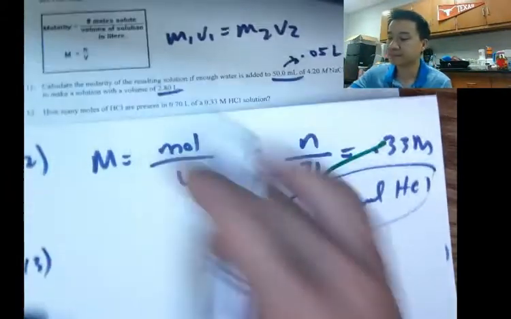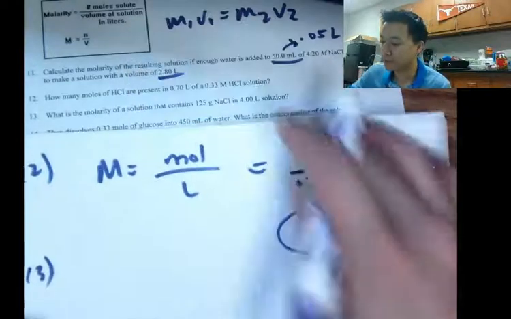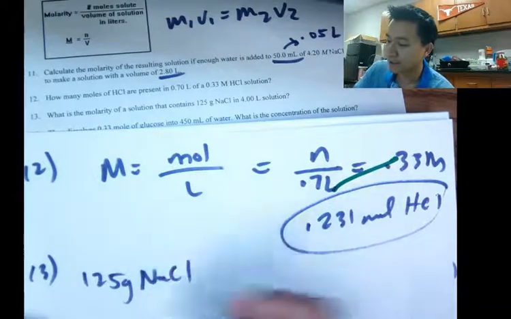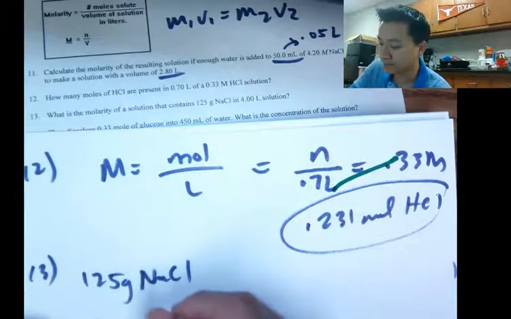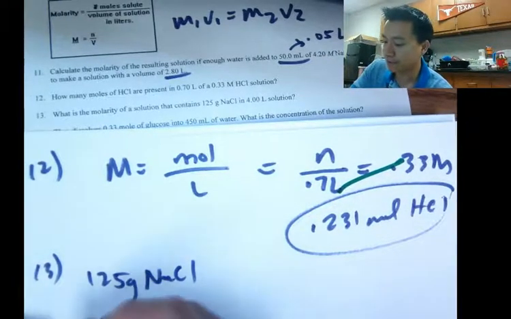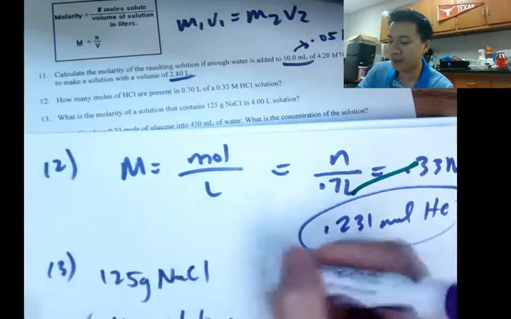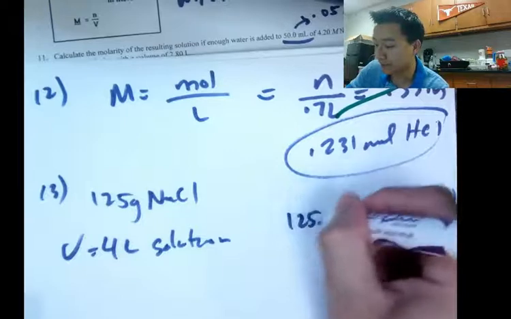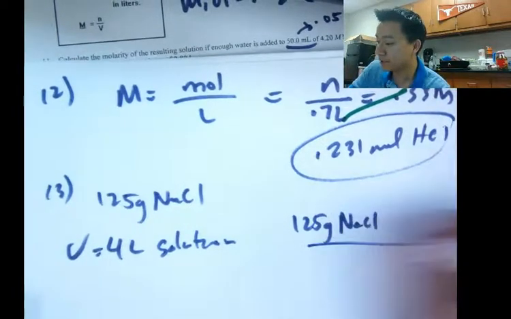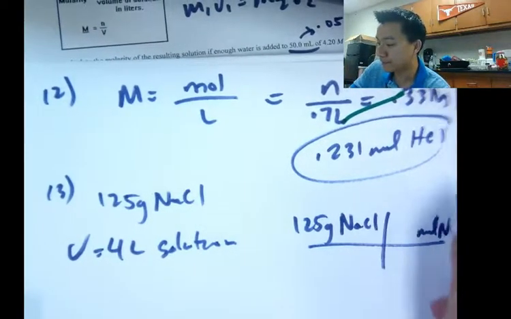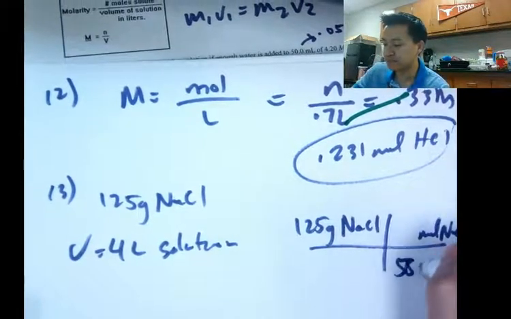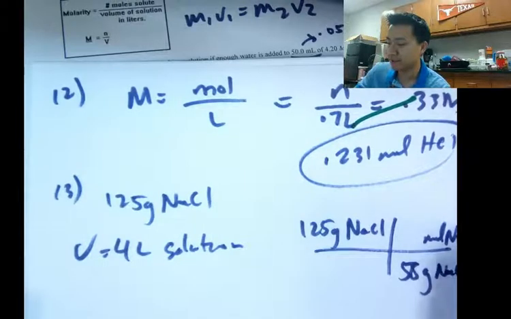13. What's the molarity? You have 125 grams of NaCl, and then you have a 4 liter solution. You have your volume, and you have your mass here, but you need moles. So 125 grams of NaCl, you need to change it to mole of NaCl. So I'm just going to round to 58 grams of NaCl is 1 mole.